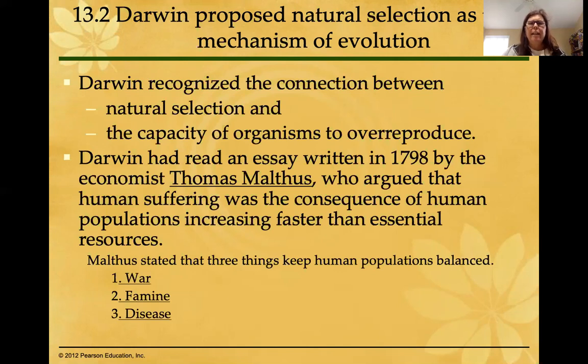So Darwin recognized the connection between natural selection and the capacity of organisms to over reproduce. He actually read an essay written in 1798 by economist Thomas Malthus, who argued that human suffering was the consequence of human populations increasing faster than essential resources. So what he is saying is basically there are more people than we can support.